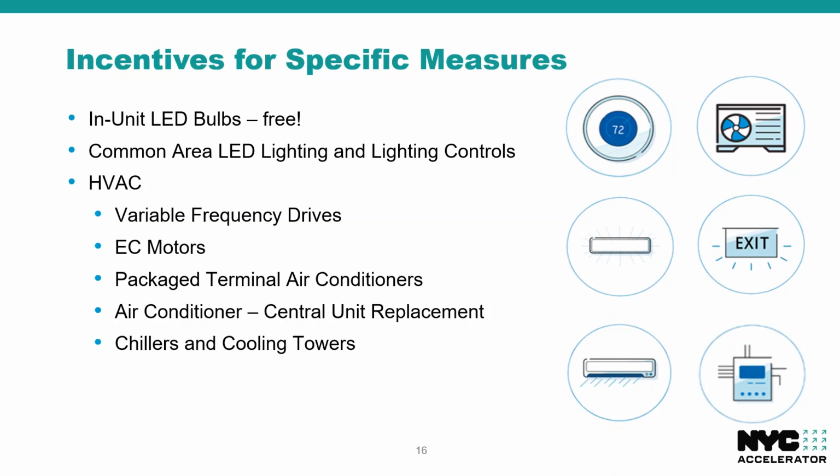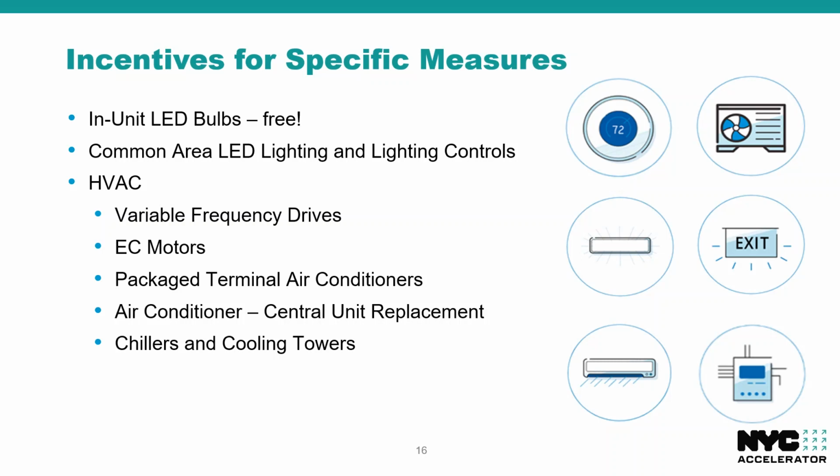There are also similar type incentives for lighting controls, including occupancy sensors and bi-level fixtures with built-in motion sensors. The incentives can cover up to 85% of the lighting retrofit costs, but this can vary depending on what type of lighting you currently have in your building and whether or not your building is considered market rate or affordable.